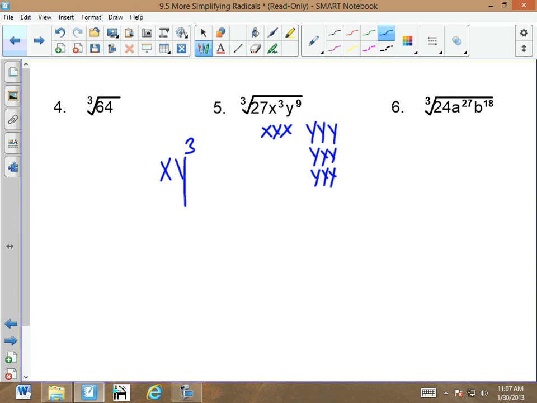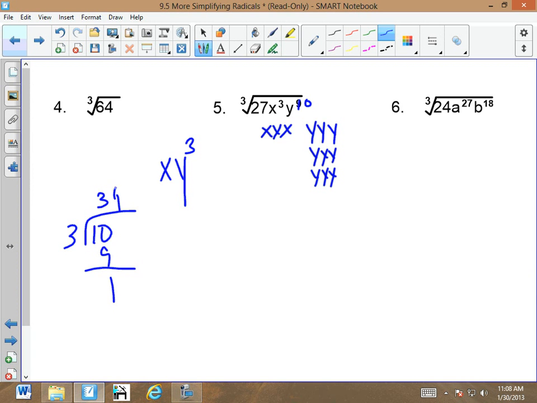Here's where you run into a problem. Let's assume that this was y to the 10th power. Well, how many times does 3 go into 10? It goes in 3 times with a remainder of 1. So 3 goes into 10 3 times, 9, and I have a remainder of 1.